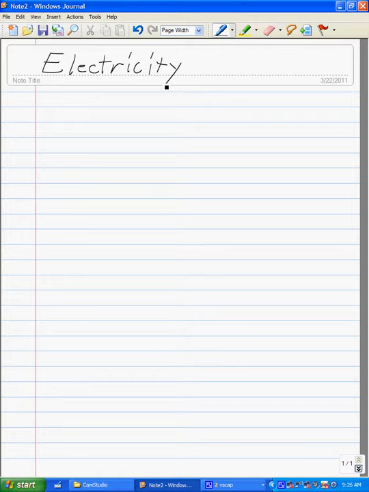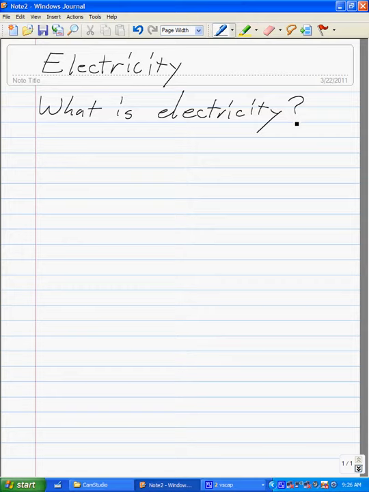So when we first start talking about electricity, first we have to give it a definition. So what is electricity? In common use, like when we're just talking about it day to day, we have to give it this definition.